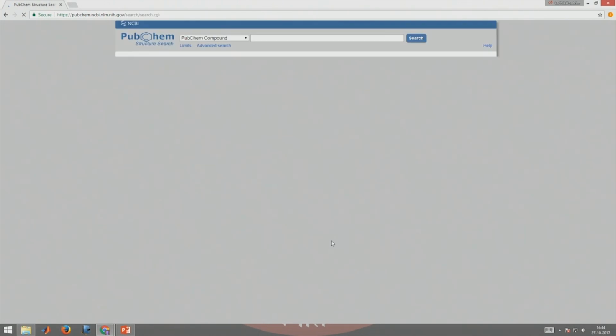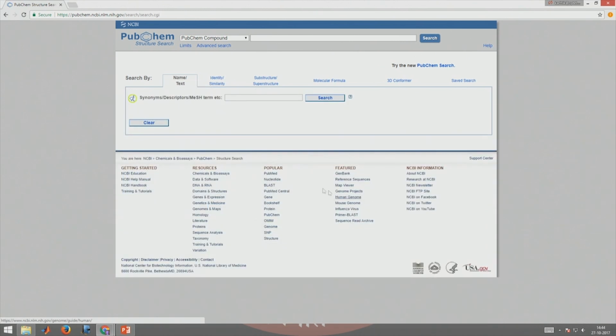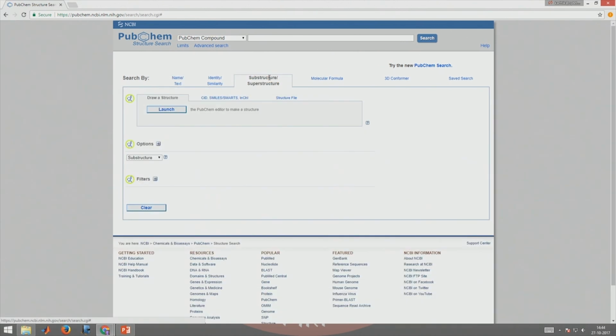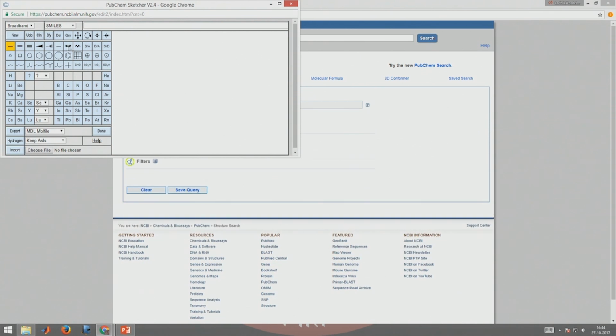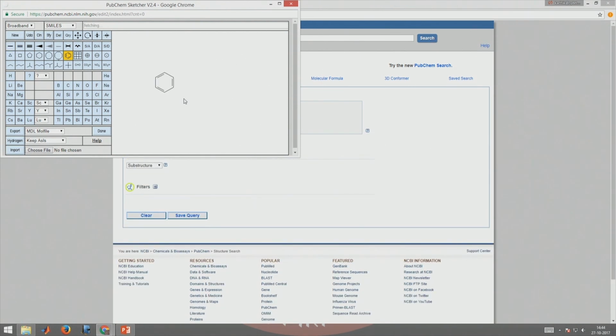Again, this also has a structure search option, so we can draw the structure. Search substructure, structure. So we can draw structures here, as you can see. A lot of things can be done.